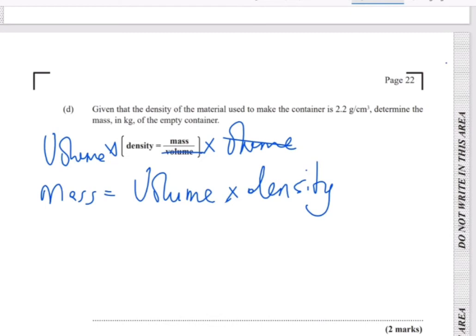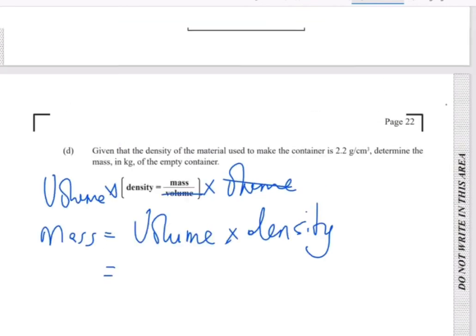Alright, so they say given the density of the material used to make the container is 2.2 gram per cubic centimeter, determine the mass in kg. So we're rewriting this now. We have mass equal volume times density.